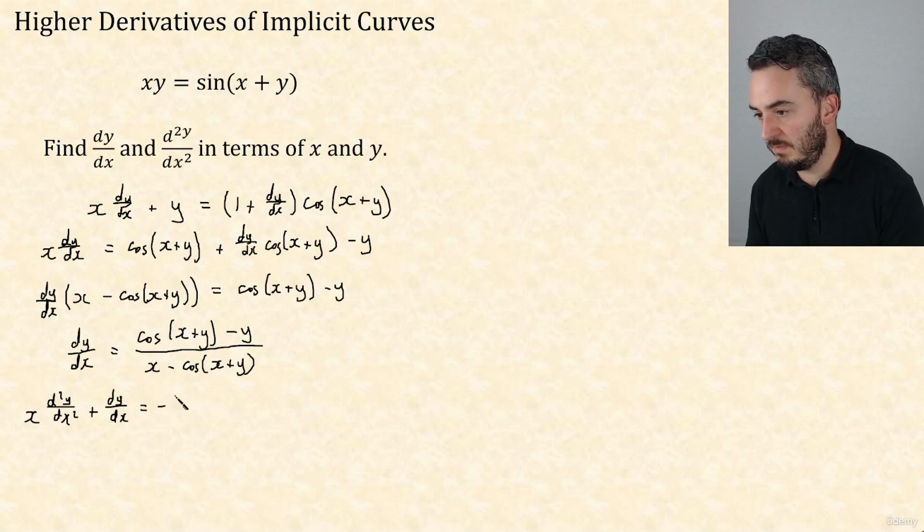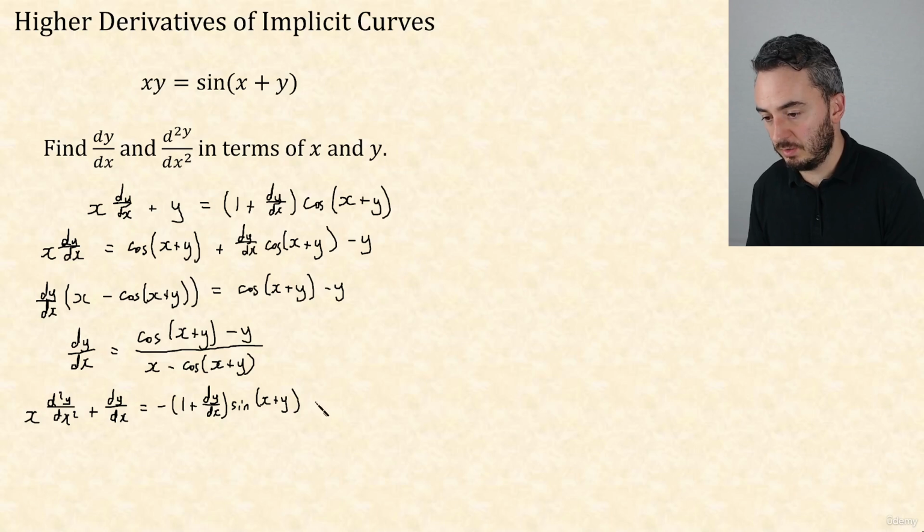Differentiating this gets me (minus 1 plus dy/dx) sin(x+y). Now we've got a product rule here. So u and v, so it's u v'. Well, okay, dy/dx, and then v' is (minus 1 plus dy/dx) sin(x+y).